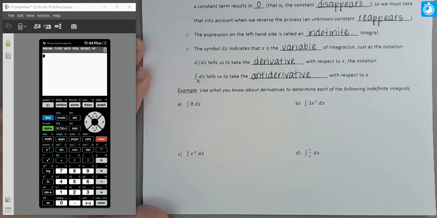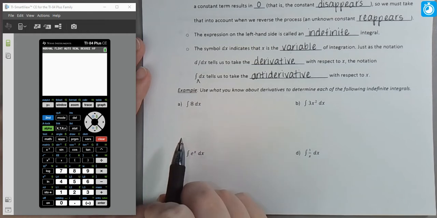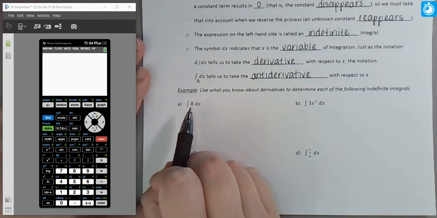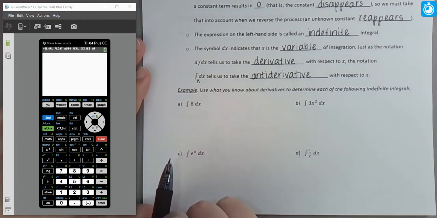So let's try a few examples. We want to use what we know about derivatives, about our derivative rules, to determine each of the following indefinite integrals. So we want to take the indefinite integral of 8 with respect to x, or in other words, find the antiderivative of the function 8, just a constant function, with respect to the variable x.